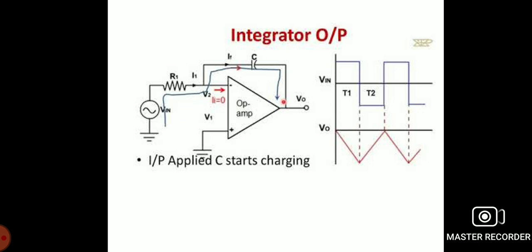That means zero voltage is applied to the non-inverting input terminal. According to the virtual short circuit concept, the voltage at the inverting input terminal of the operational amplifier will be equal to the voltage present at the non-inverting input terminal. So the voltage at the inverting input terminal will be 0 volt.